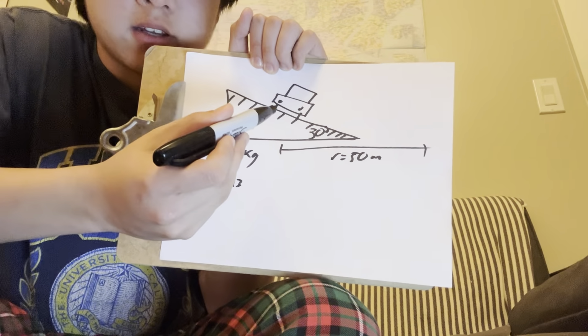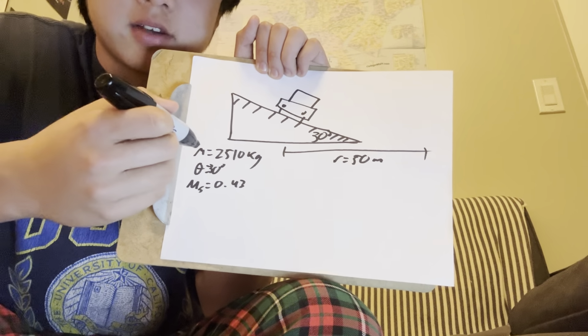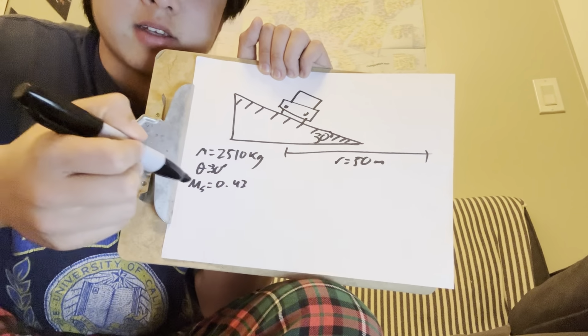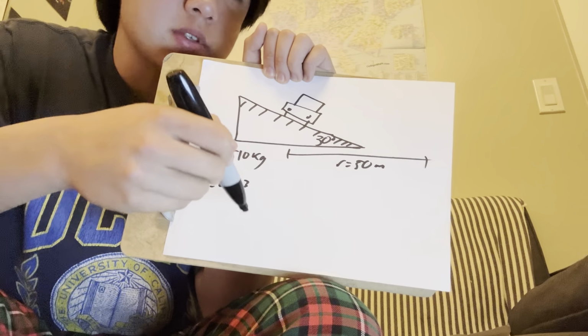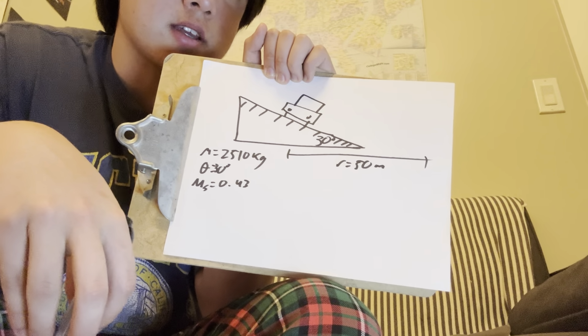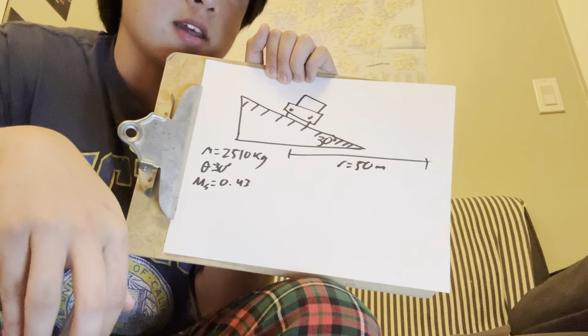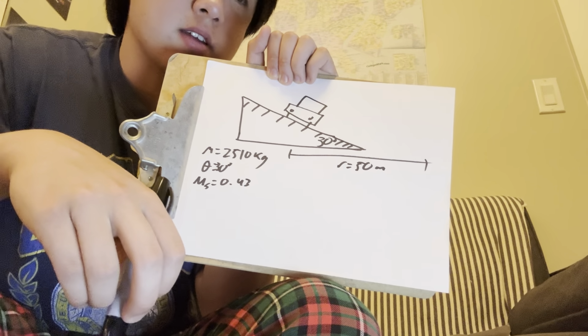This car here weighs 2,510 kilograms. The angle of the ramp is 30 degrees, and there's friction between the ramp and the car, and the coefficient of static friction is 0.43.